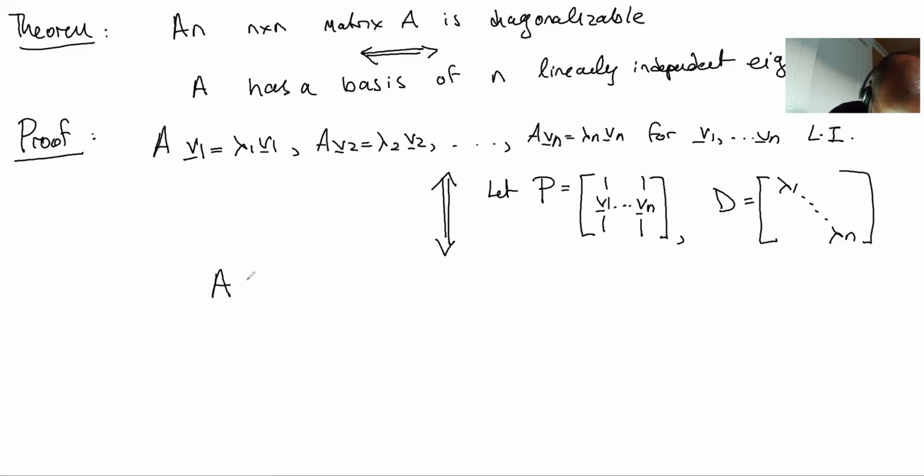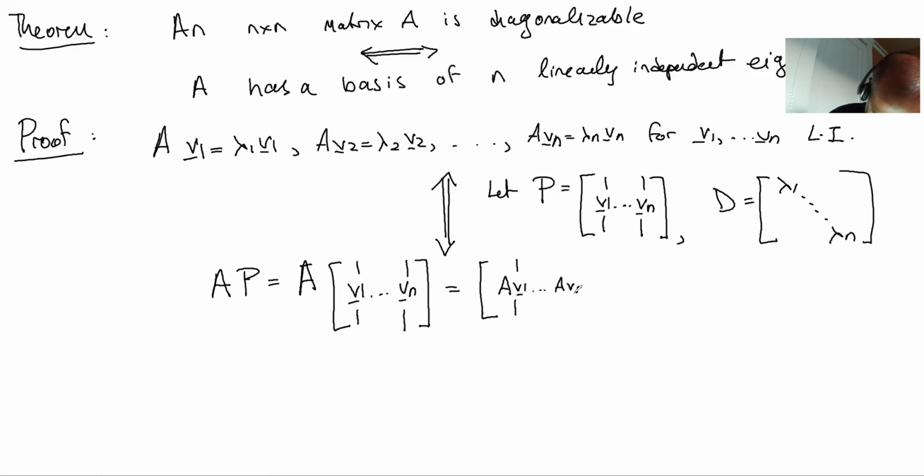What is that? Well, A times P is equal to A times this matrix, right? But now by matrix vector multiplication, that's just Av1 all the way to Avn. But then by the eigenvalue property, that's just lambda 1 v1 through lambda n vn. Any questions so far?